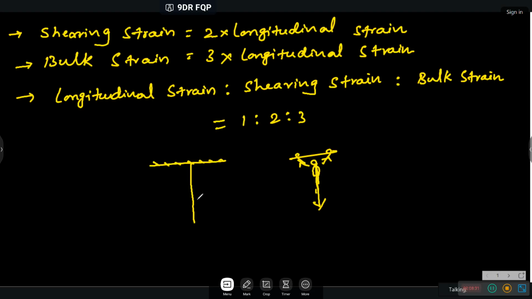That elongation is equal to what? Simply write down.